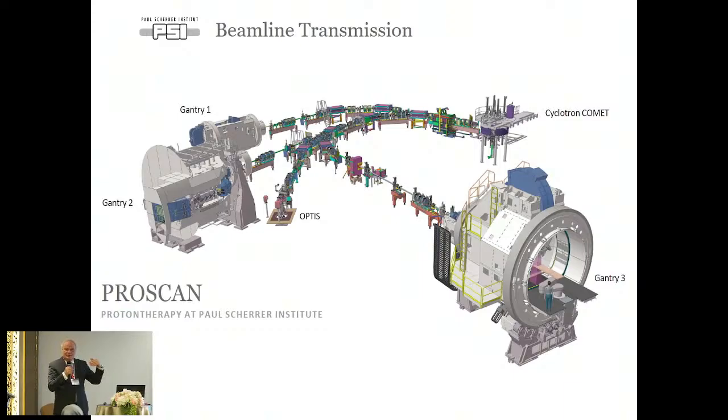And then for the low energies, we focus them and we ramp the cyclotron up to the maximum current it can give. And then even with the bad transmission, we get more or less the same intensity in the treatment room. Now we said, what if we open the degrader completely and ramp the cyclotron up and we focus the quadrupoles? Then we should be able to get the full intensity of the cyclotron into the treatment room.